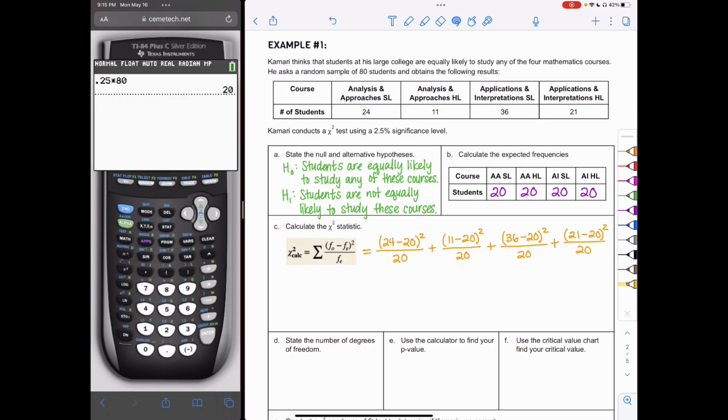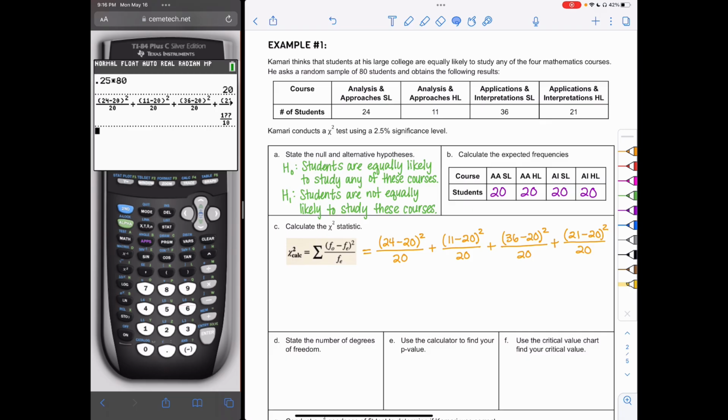Once I do that, I will literally type this into the calculator: 24 minus 20 squared divided by 20 plus 11 minus 20 squared divided by 20 plus 36 minus 20 squared divided by 20 plus 21 minus 20 squared divided by 20.